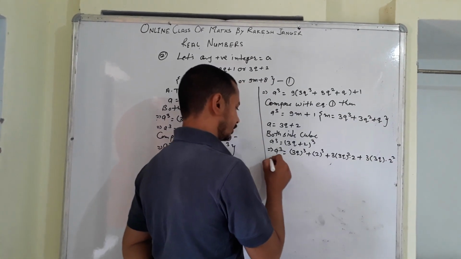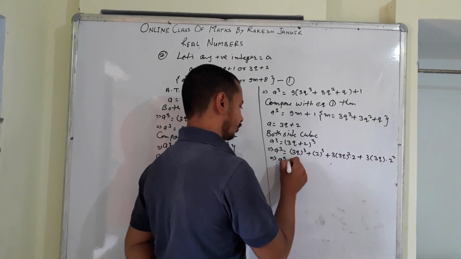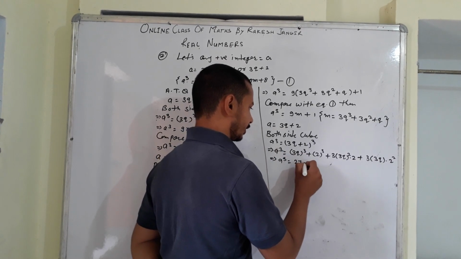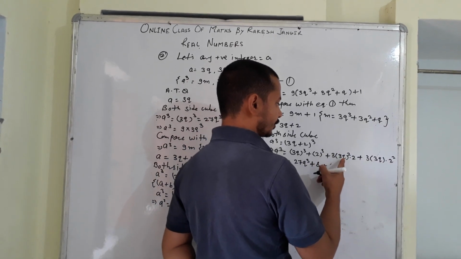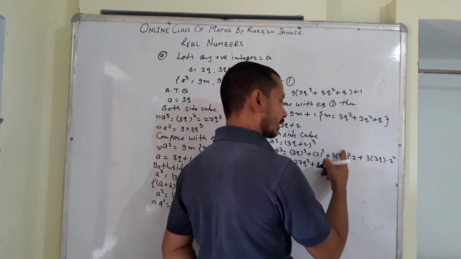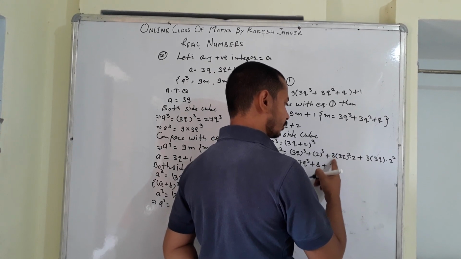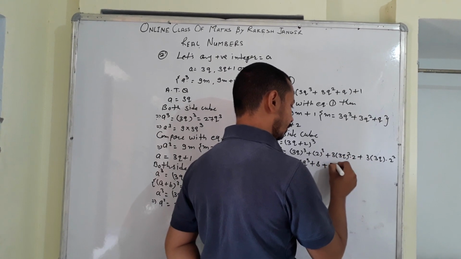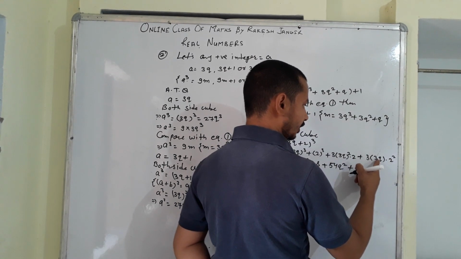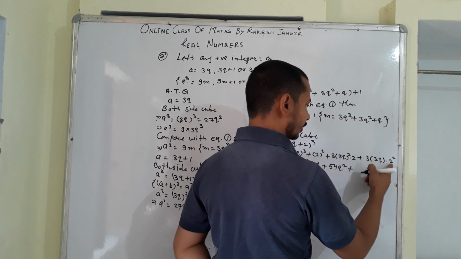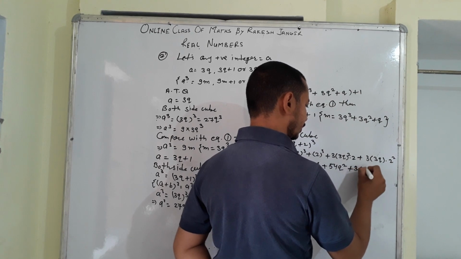Okay, simplify the step, then we find a cube equals 27q cube plus 8 plus, square of 3 equals 9, 9 3s are 27, 27 2s are 54q square plus 3 3s are 9 and square of 2 equals 4, 9 4s are 36q.